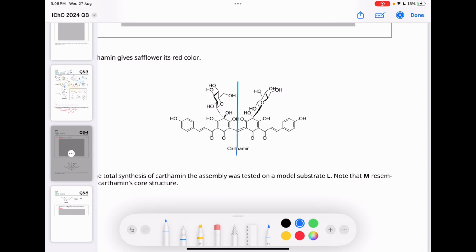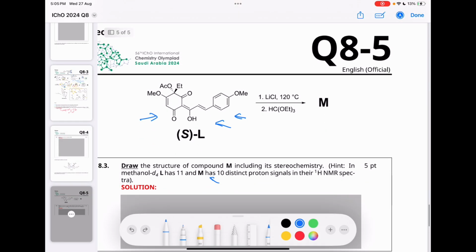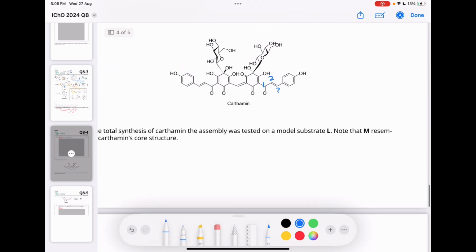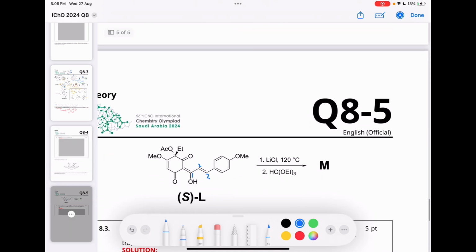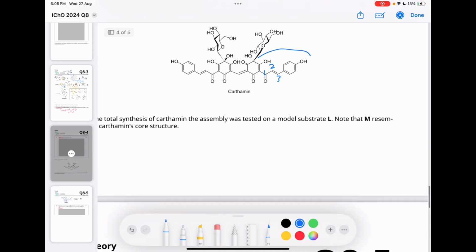So it's symmetrical both here and here. You might say that these two are not exactly the same, but they are symmetrical because of resonance. Now we can just count the number of carbons in a chain. So we have 1, 2, 3 carbons in between, and here we have 1, 2, 3 carbons as well. And if we look at all the other groups, they actually resemble the groups here.